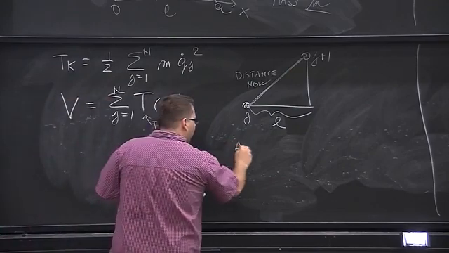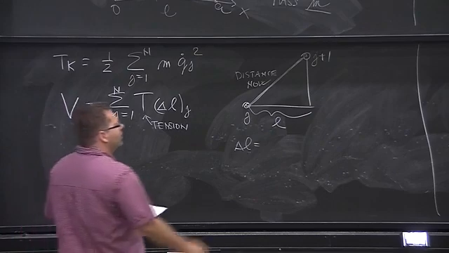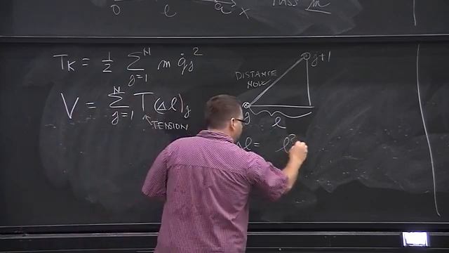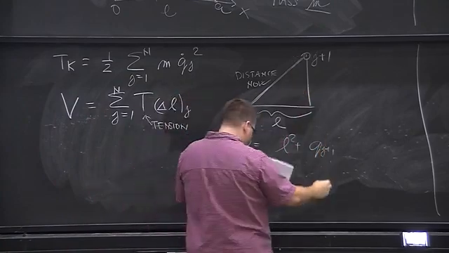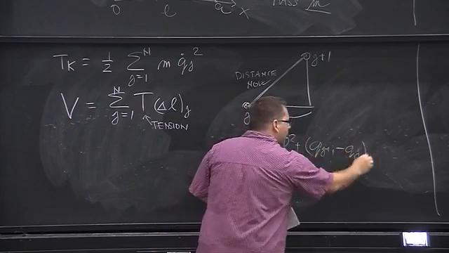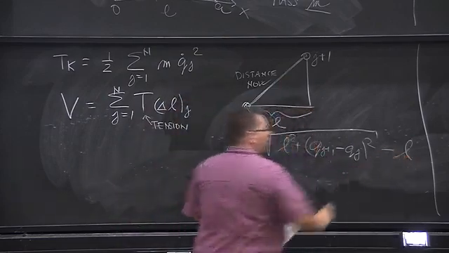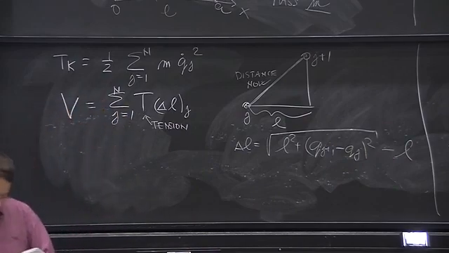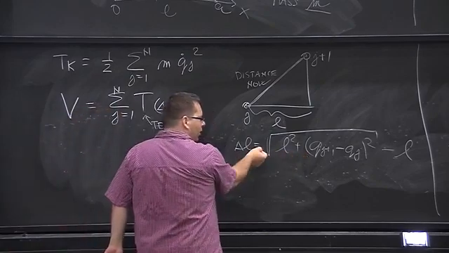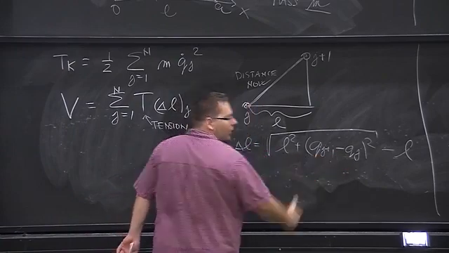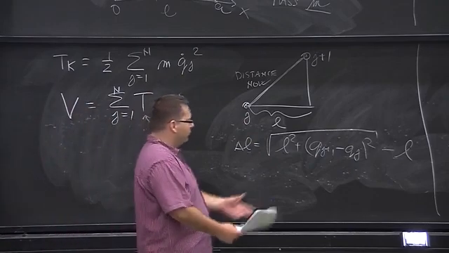And so this delta L, which is the difference between this distance minus that distance, is simply, from this triangle, the square root of L squared plus qj plus 1 minus qj squared, which is this distance, minus the distance L. So now what you do is take L out and treat this thing over L as a small quantity, and do the Taylor expansion into the first approximation.